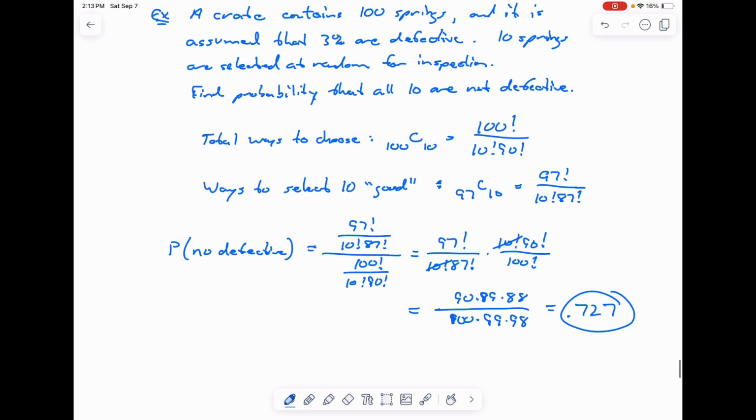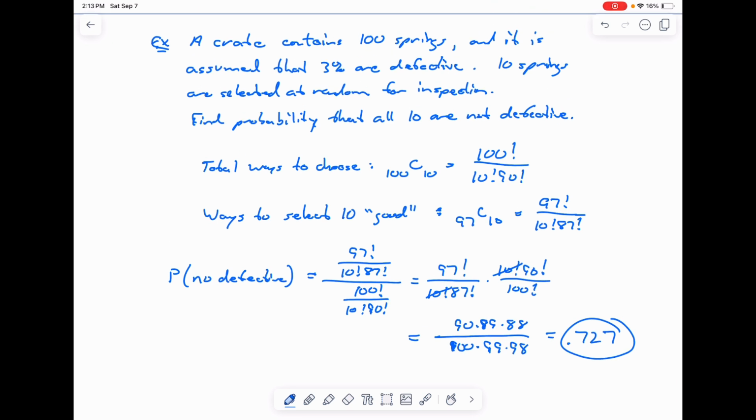Now, why might we be curious to do a problem like this? I know that just by the nature of the process, when I'm producing springs at my factory, some of those springs are going to be defective, and I want to do quality control to ensure that what I'm shipping out to my customer is good, that we're not exceeding certain limits on quality, that we're not sending out boxes that are just full of defective springs.